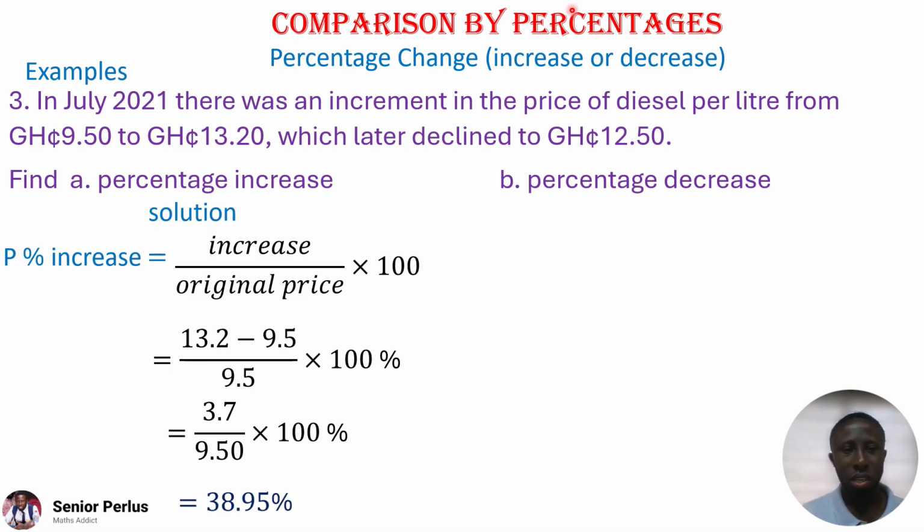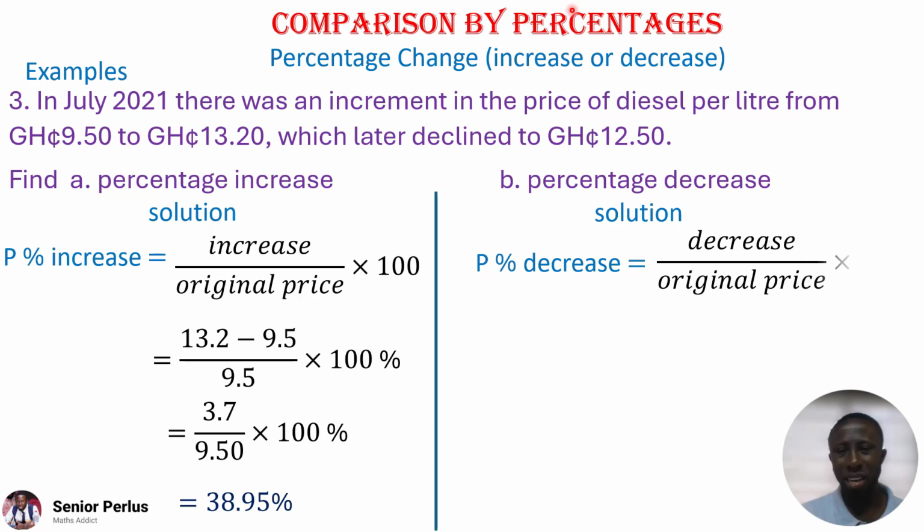Very good. Now, percentage decrease. The solution for the decrease is the decrease out of the original times 100. Now, the price later declined to 12 cedi 50 pesewas.